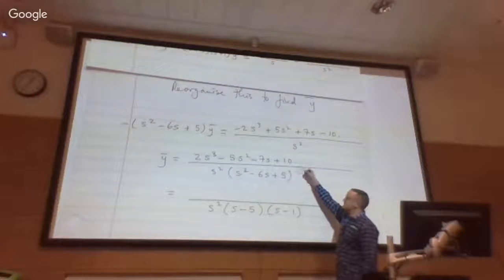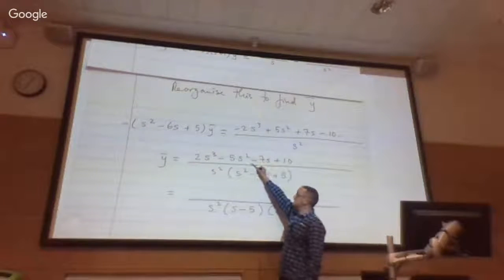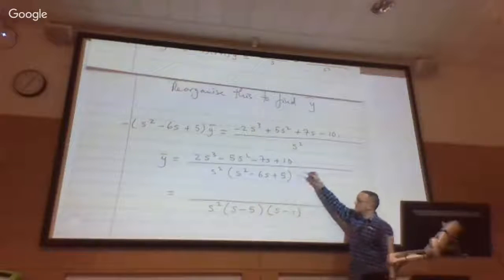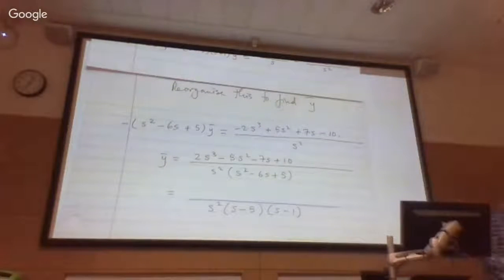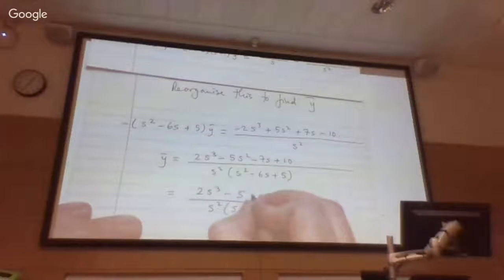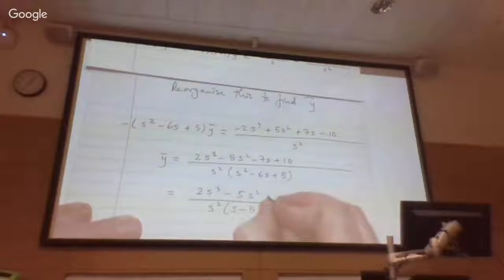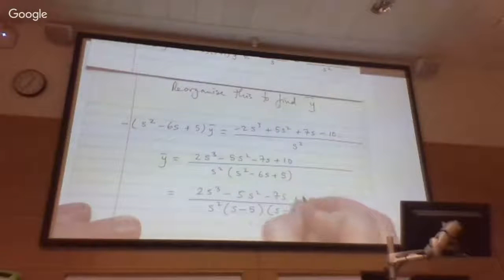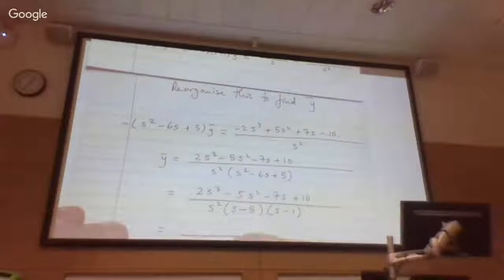So s equals 1 is a root of the numerator, so s minus 1 will be a factor of it. We should be able to divide the numerator by s minus 1 and see what gets left behind.